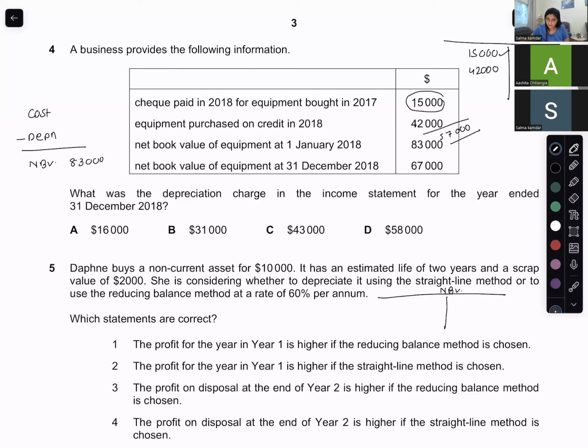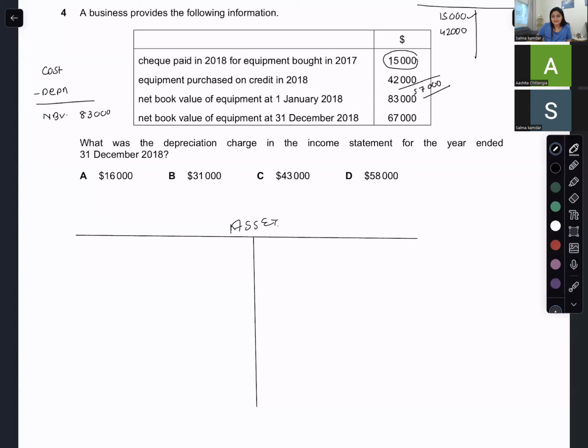If you're making the asset account at net book value, the opening net book value is 83,000. And the closing net book value is 67,000.